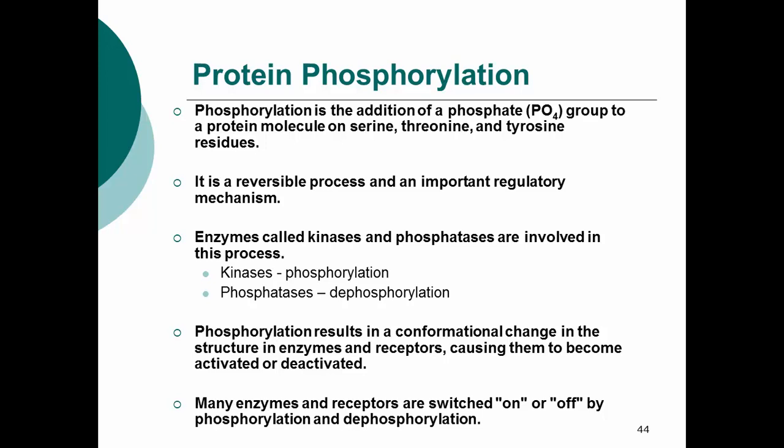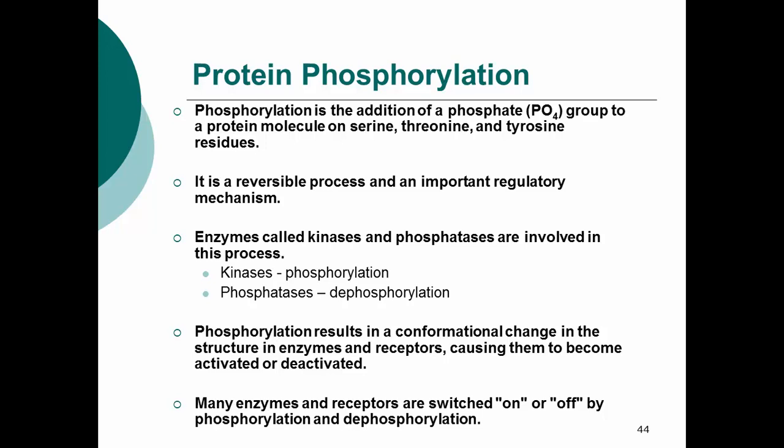Actually, there are two different types of enzymes that catalyze the phosphorylation. For example, kinase normally catalyzes the addition of a phosphate group to the amino acid residues of a protein or enzyme. So kinase regulates the phosphorylation of the protein or enzyme, right?